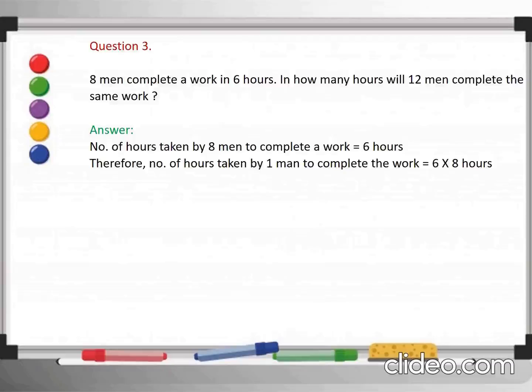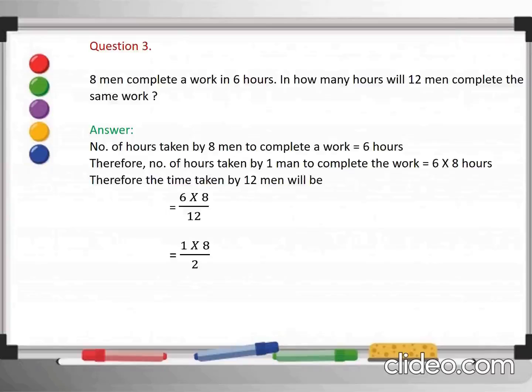Therefore, the time taken by 12 men will be 6 into 8 upon 12. When we do cancellation, 6 ones are 6, 6 twos are 12. So here we'll get 1 into 8 upon 2.